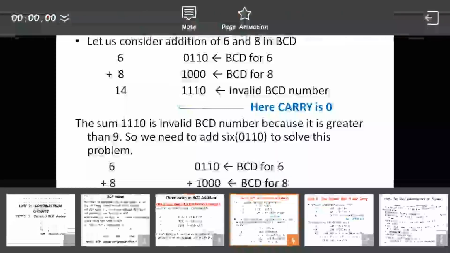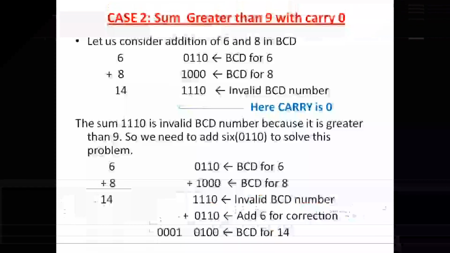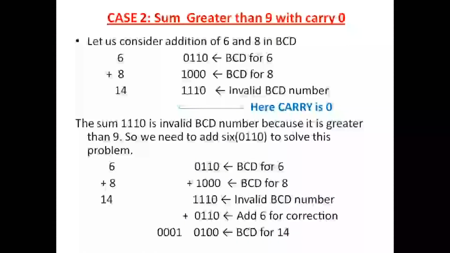So in the last place we are going to get a carry of 1 and the remaining three bits as 0. So we got a BCD, this is 1, this is 4. The BCD number should always be at most 9, so we need to add a value called 6 here. So this is case 2, that is, sum greater than 9 with carry 0.